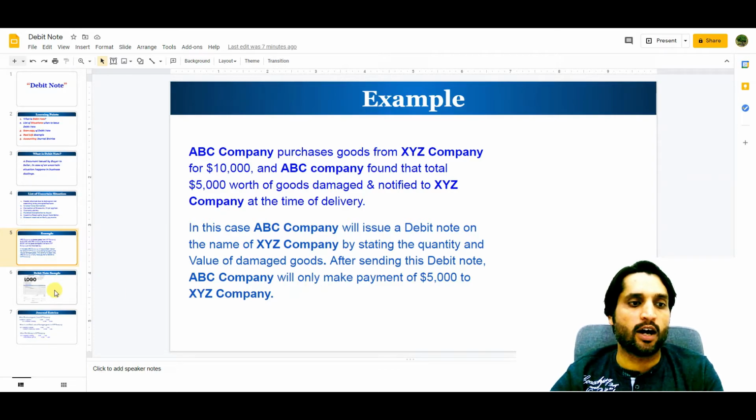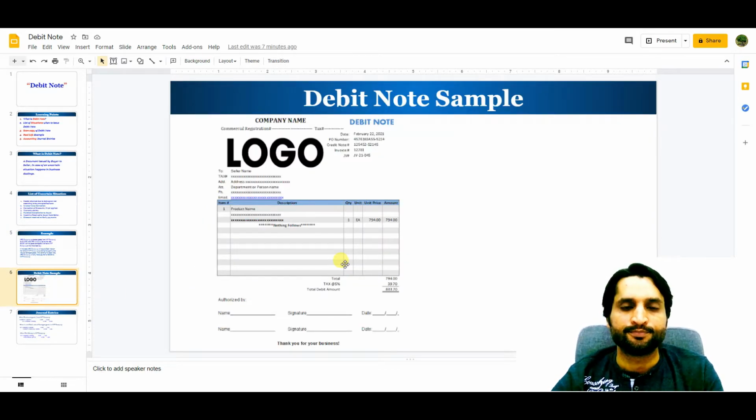Now let me show you how you can prepare a debit note. This is your company name when you are going to issue a debit note, your commercial registration number and tax numbers. You have to mention the date when you are going to issue the debit note, and the purchase order number against which you are issuing it. Here is the debit note number, and the invoice number, the invoice issued by the seller against which you are making the debit note.